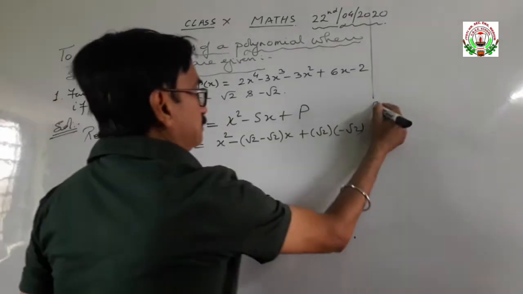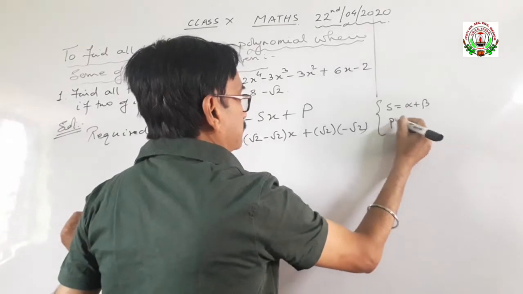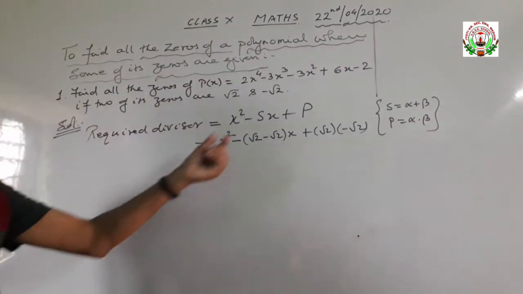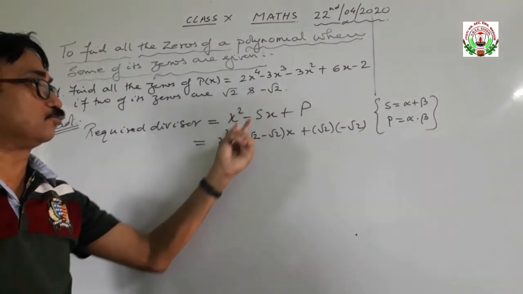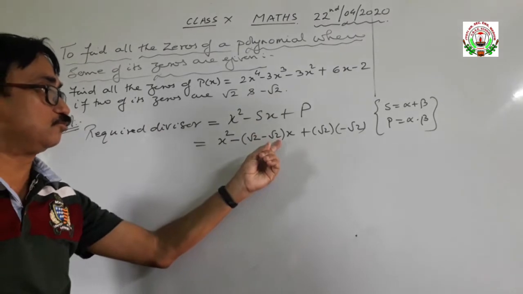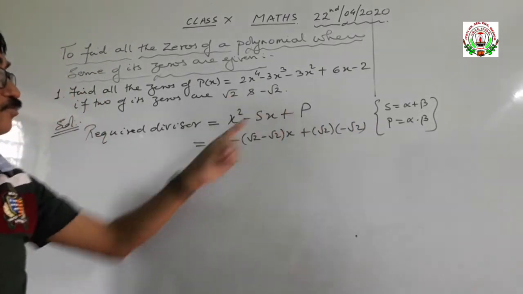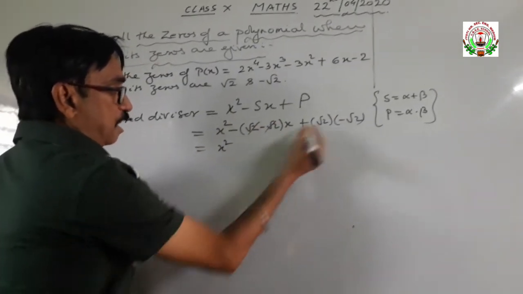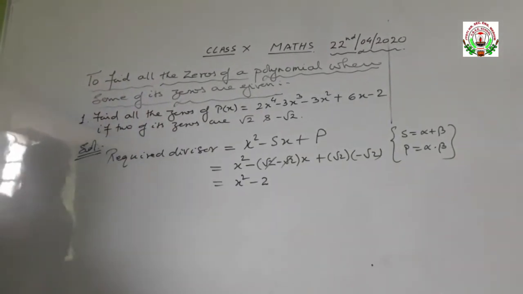As we know that the sum is alpha plus beta and the product is alpha into beta. So alpha plus beta is root 2 minus root 2, and alpha into beta is the product, which gives us, this cancels out, and x square minus 2 will be our divisor.